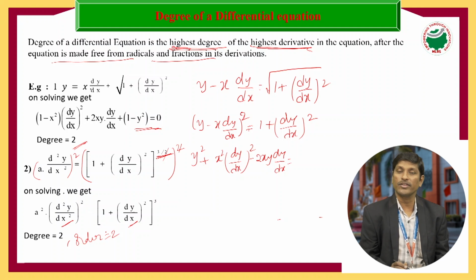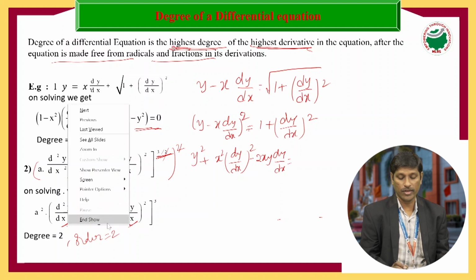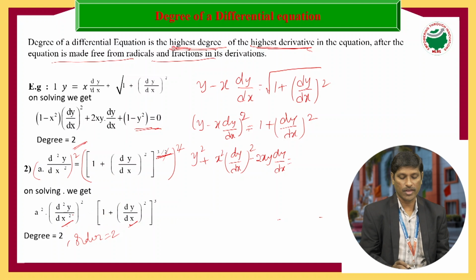After the order, we need to see the degree. How to write the degree? It is the power of the highest derivative. Here dy by dx has derivative order only 1, but we require the highest derivative, which is d square y by dx square. The power of this d square y by dx square is 2.